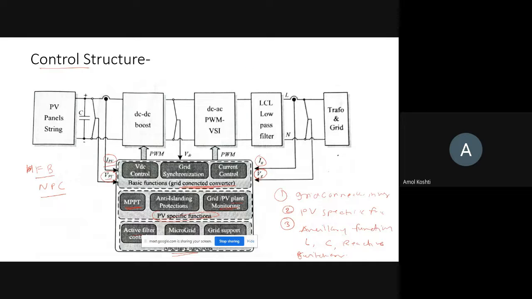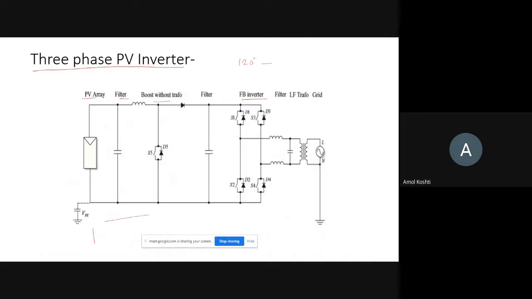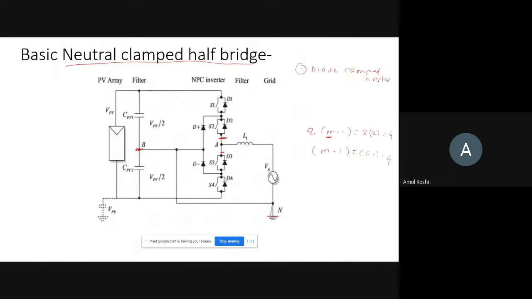By using NPC, there are again two sub-topologies, which are the co-energy and the basic neutral point half bridge topology.